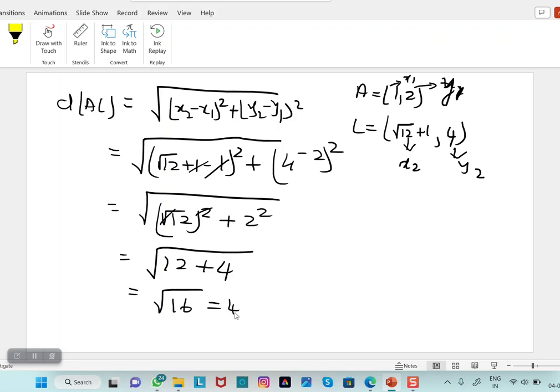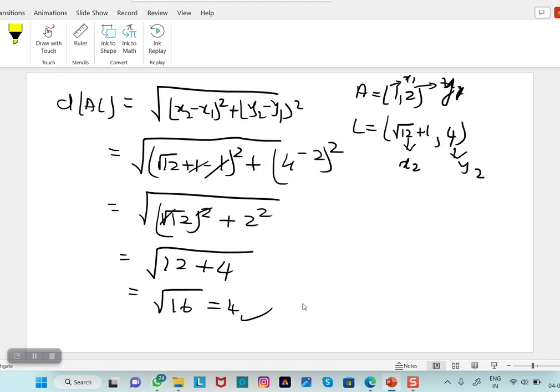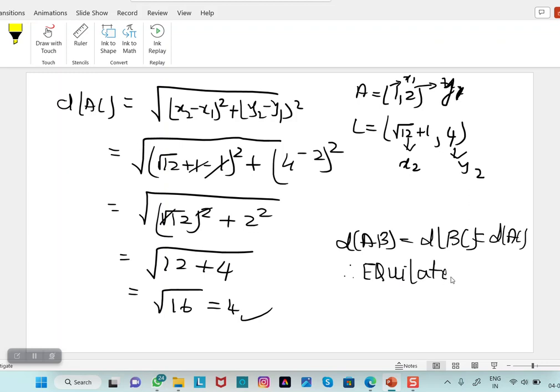The answer is 4. Now, if you observe, distance AB is 4, distance BC is 4, and distance AC is 4. That is, distance AB is equal to distance BC is equal to distance AC. Since all the three distances are equal, we say that it's an equilateral triangle. So therefore, the problem is solved.